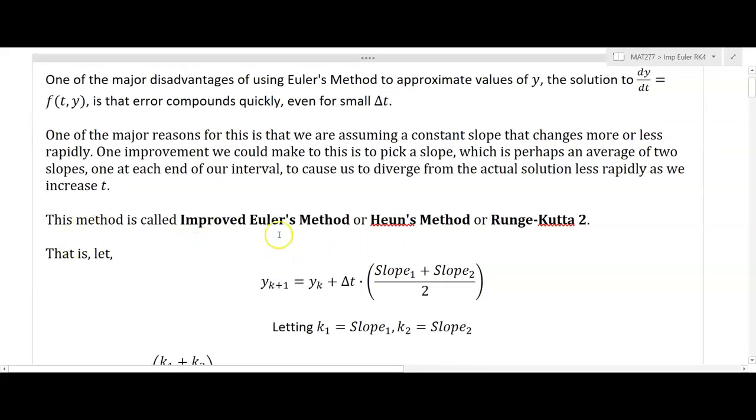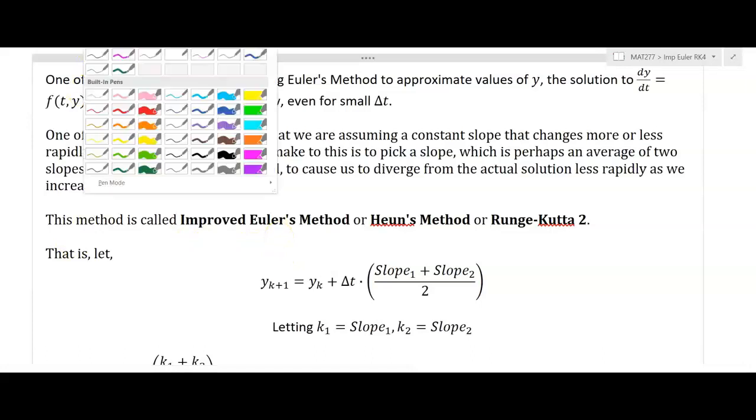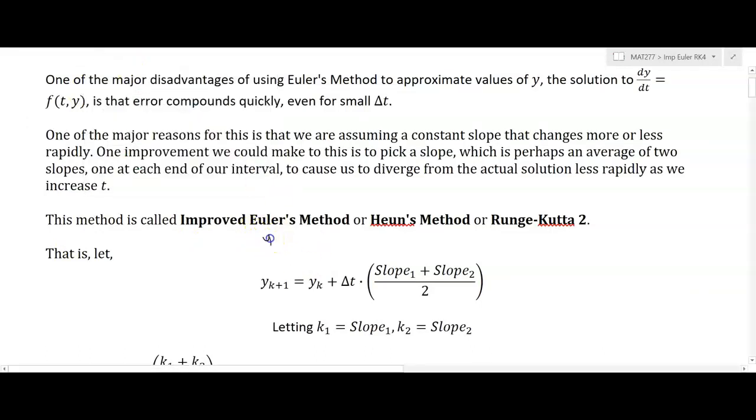Recall the way we did it before: to get the next value of y, we take the previous value of y and add to it our change in time multiplied by our current slope.